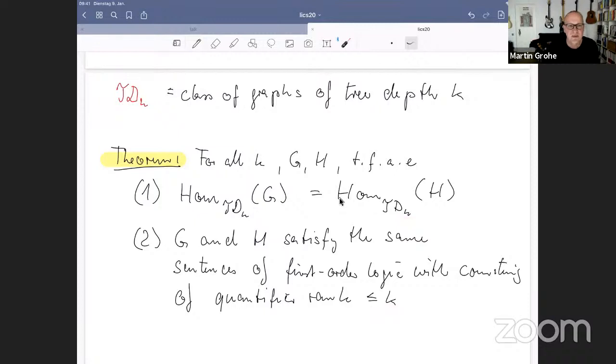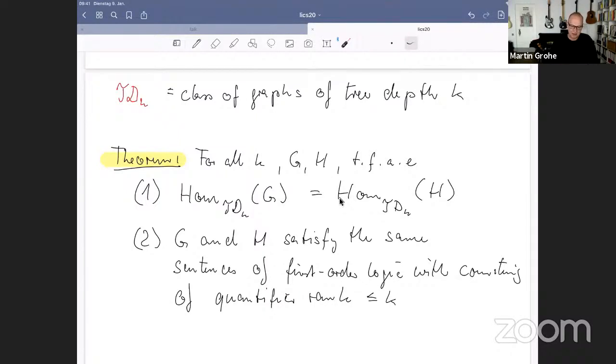Now the context of this result is a list of related results where we look at these homomorphism embeddings. Actually, the notion of homomorphism indistinguishability, that means that two graphs are mapped to the same vectors, and characterize it by all kinds of natural relations, some of them algebraic, some of them logical, and we even have a correspondence between homomorphism indistinguishability over planar graphs and what is called quantum isomorphism.